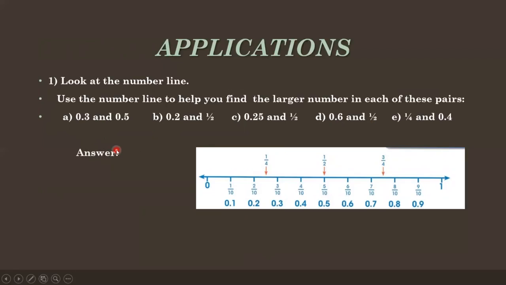So shall we start doing the answer part? We'll start with the A part. The numbers given in the A part are 0.3 and 0.5. So 0.3 comes here. 0.3 is the same as 3/10. Any number divided by 10 in the decimal form you can write as 0.3, because in 10 there exists only one zero.